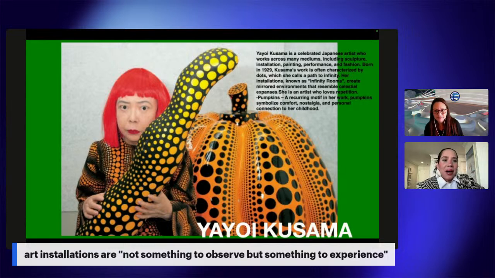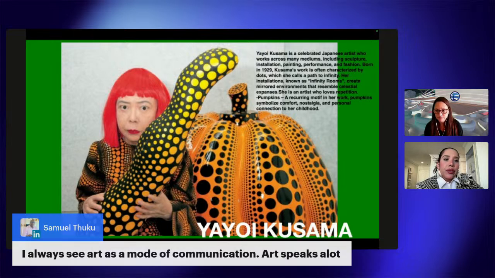Okay, cool. So she's a Japanese artist. She worked across many mediums: sculpture, installation, painting, performance, and fashion. She was born in 1929. She's alive. Her work is characterized by dots, which she calls a path to infinity. Her installations, known as infinity rooms, create mirrored environments that resemble celestial expanses.